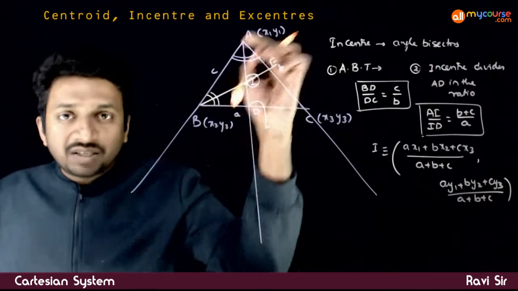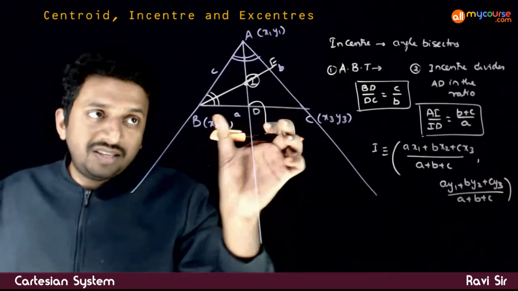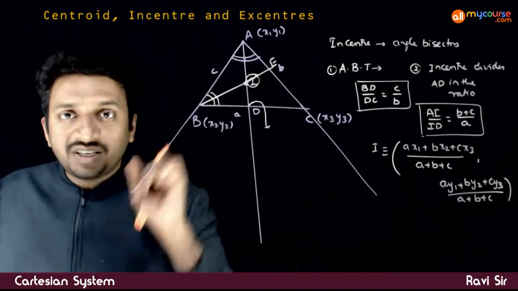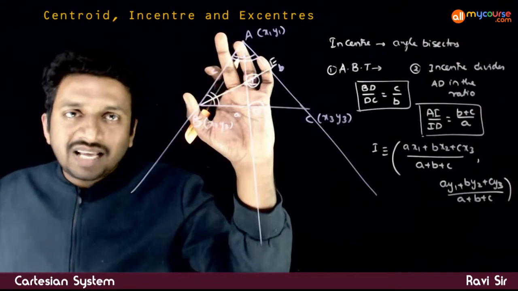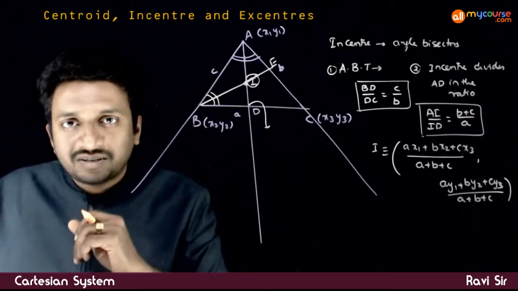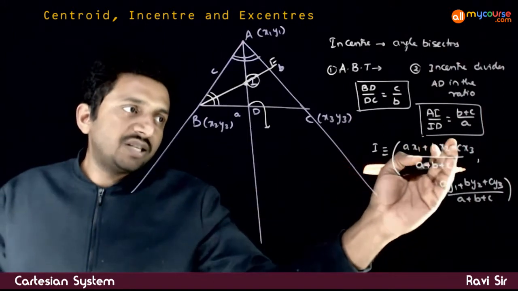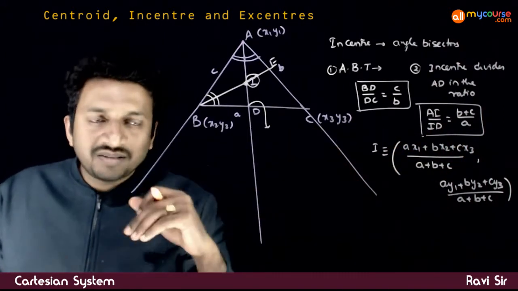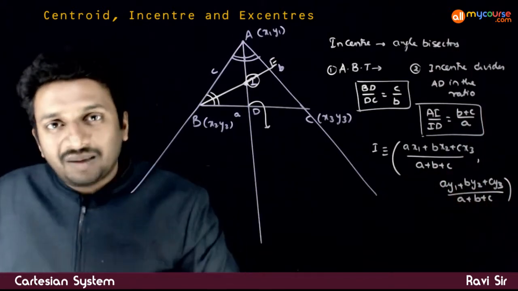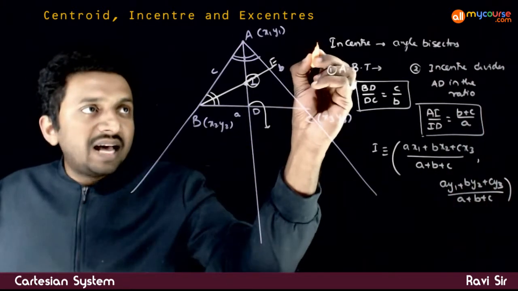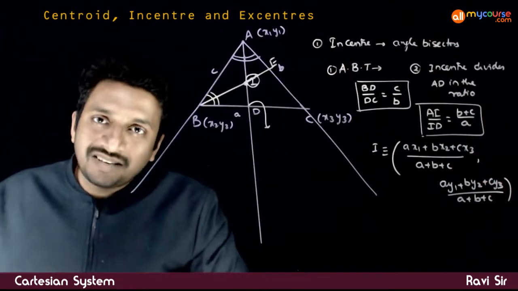So a times x1, here also you have cross multiplication: this side into the opposite vertex, next side into the opposite vertex, next side into the opposite vertex. So these are the formulas for incentre.